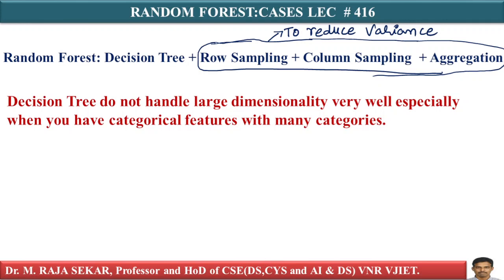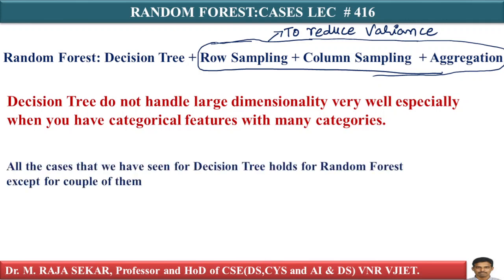Decision tree is the base model for random forest. So all the cases that we have seen for decision tree hold for random forest except for a couple of them. In general, wherever decision tree fails to work well, random forest also fails to work well.